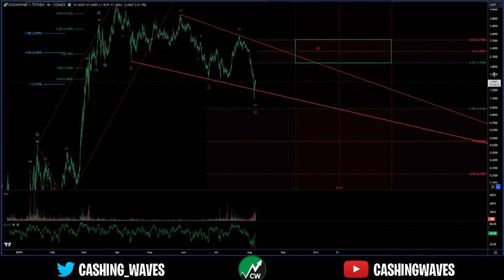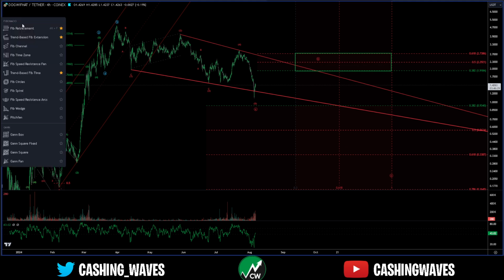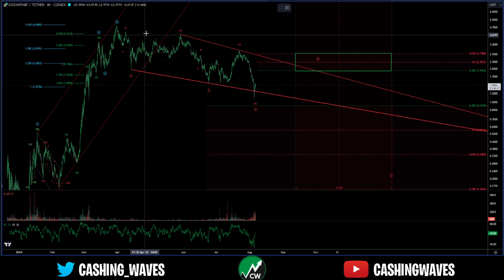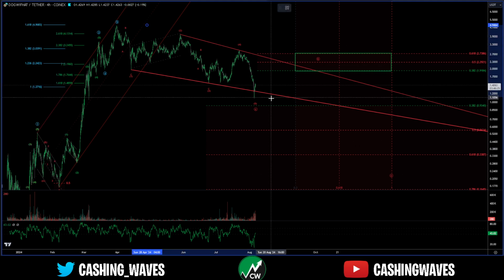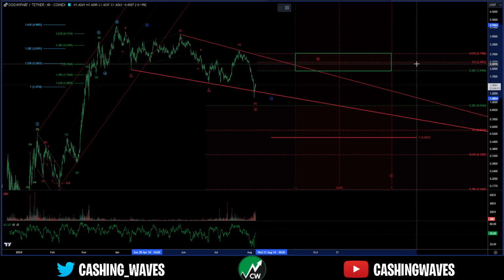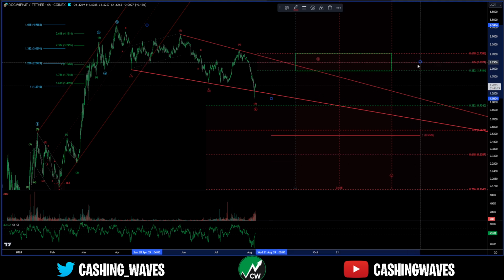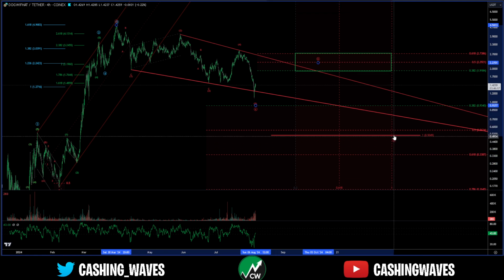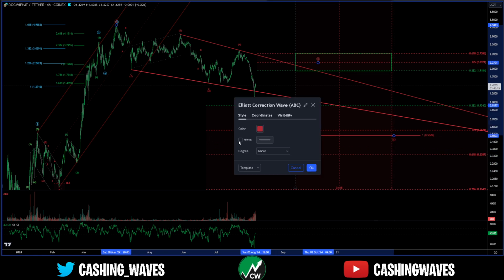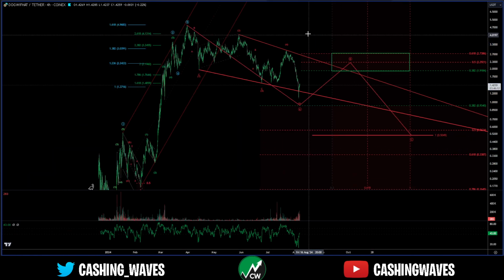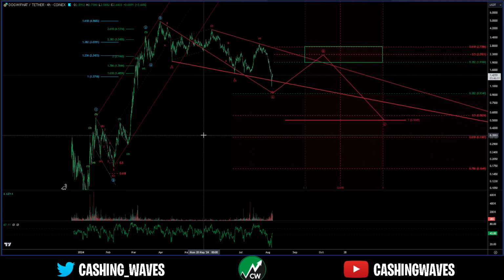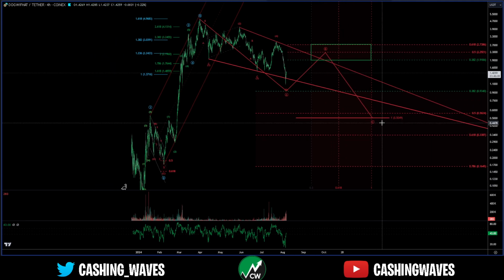Because once we get this B wave and we're looking for a C wave down, say we get the 50, it's going to be a nice short. Something like this. And our eventual long, obviously, if this is a 1-2.